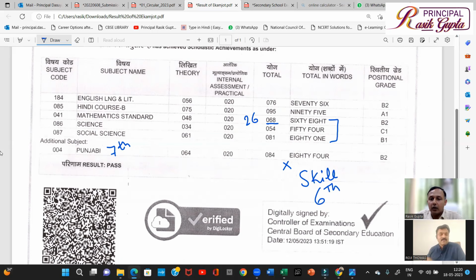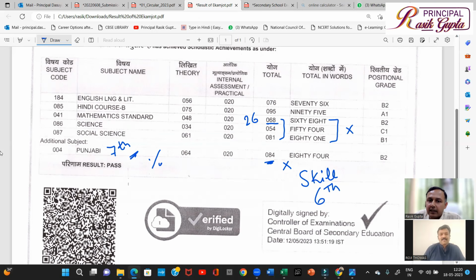Right? Yes. Now, if the 7th subject language cannot replace any of the skill subjects, even if the student fails in that, then how can this be considered for calculation of percentage? If the student is scoring more marks in the 7th subject language but less in the 3 compulsory subjects.